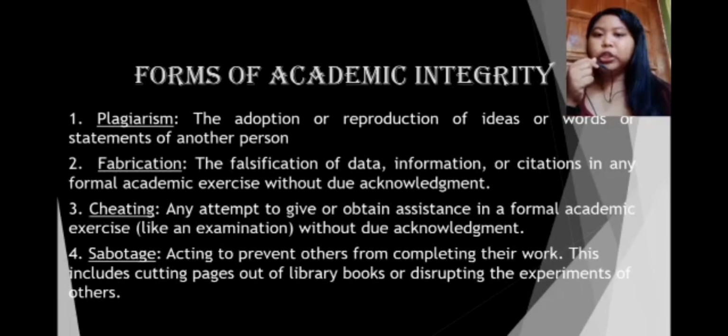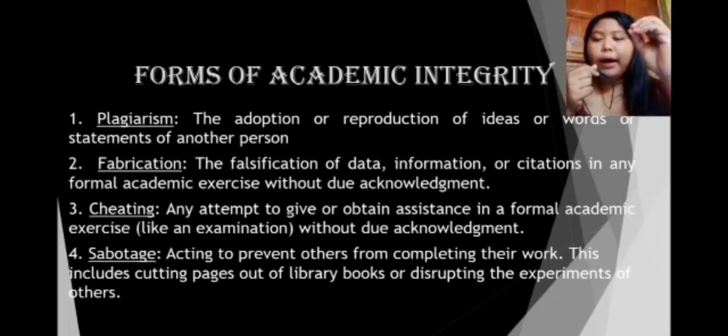Number 3 is cheating. Any attempt to give or obtain assistance in a formal academic exercise, like an examination, without due acknowledgement. Fourth is sabotage. Acting to prevent others from completing their work. These include cutting pages out of library books or disrupting the experiments of others.